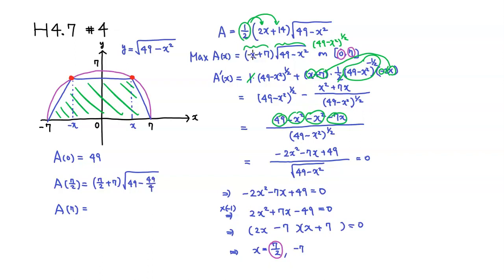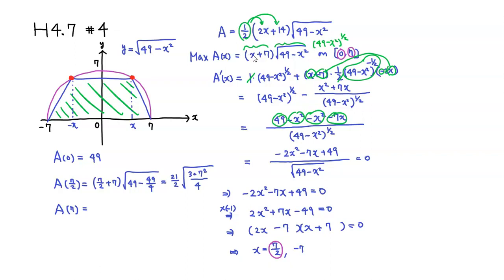So this is going to be 7 is 14 over 2 plus 7 over 2 is 21 over 2. Then this is a square root of, common denominator is 4, so this is going to be 3 times 49, so it's 3 times 7 squared.